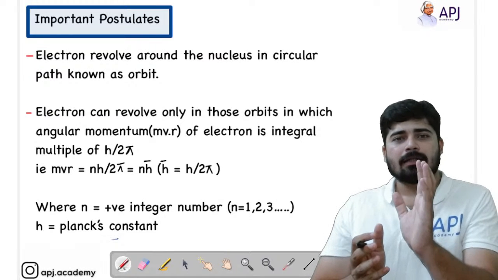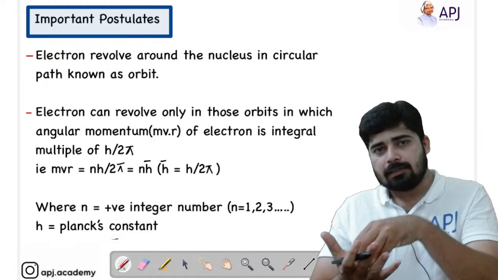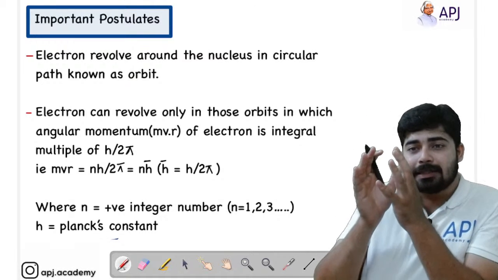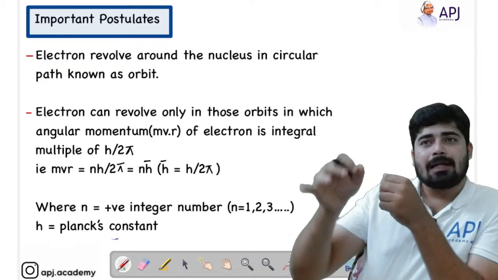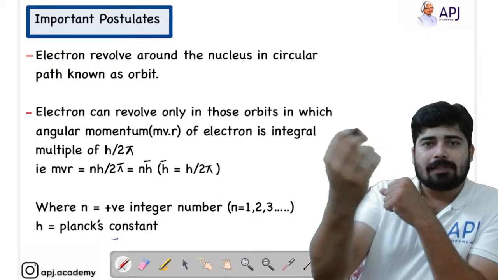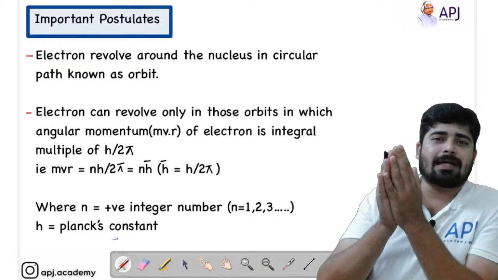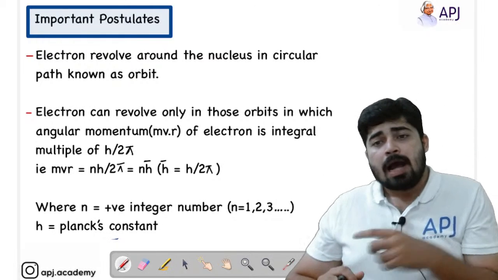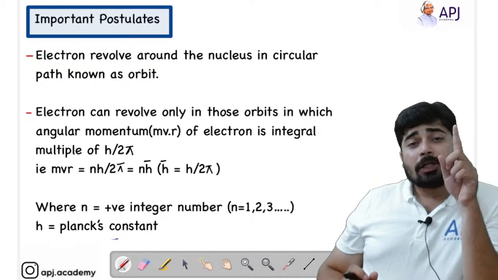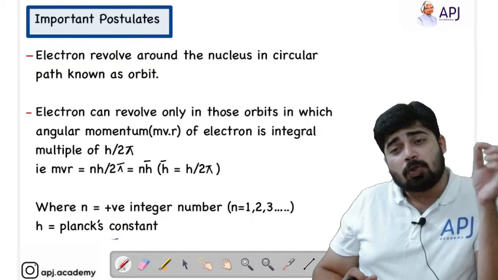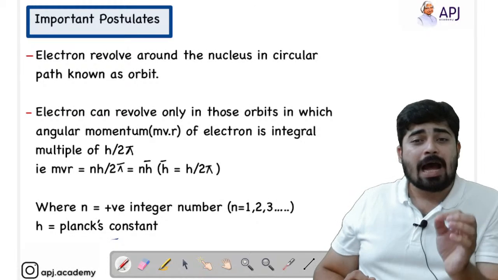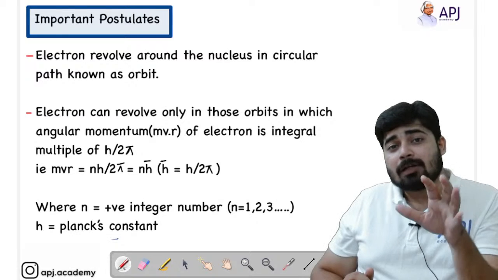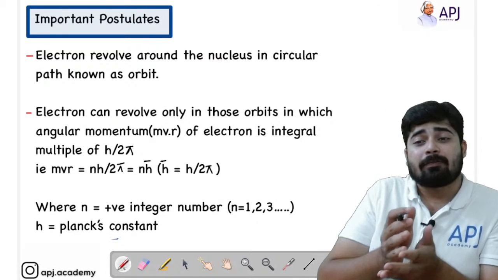The nucleus is present in the center and the electron is revolving around the nucleus in a circular path, and that path through which the electron revolves, he named it as orbit. And he told that the electron can only revolve in those orbits which have angular momentum equal to the integral multiple of h by 2 pi.